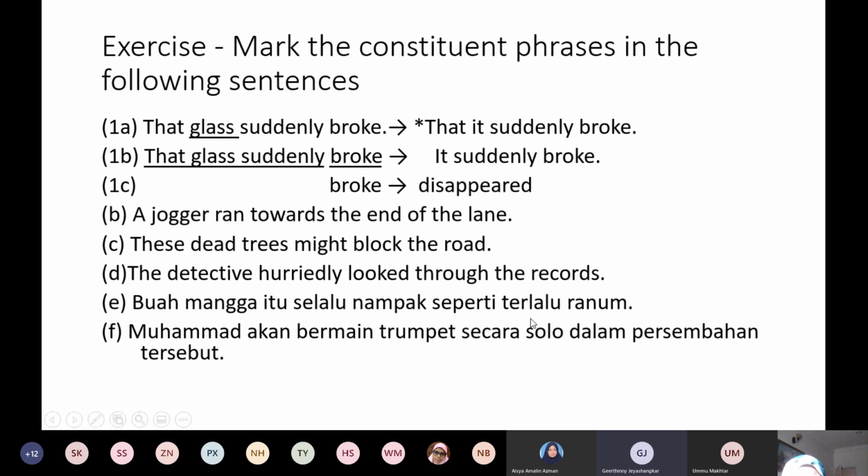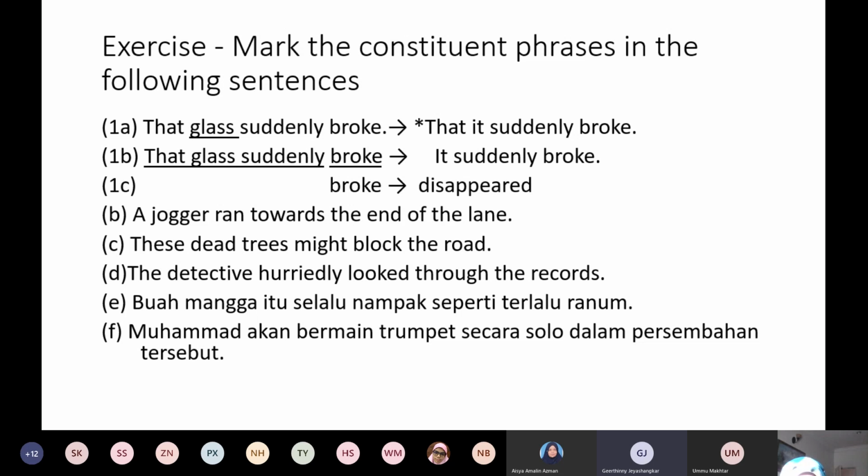And then seperti terlalu ranum is also a constituent. That's all, doctor.